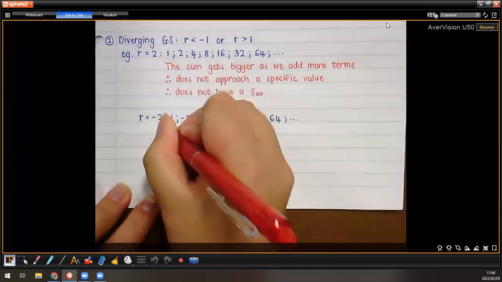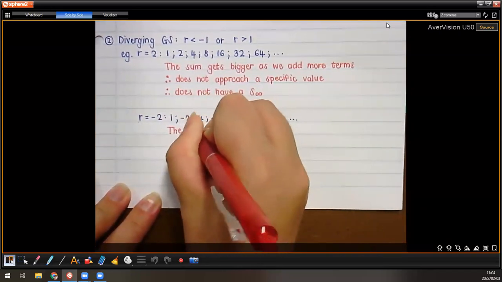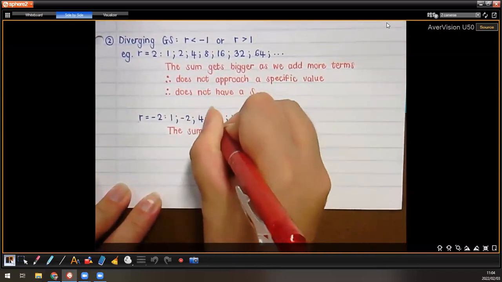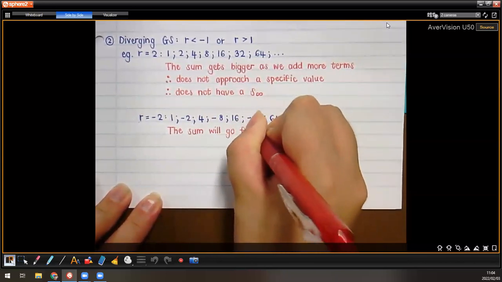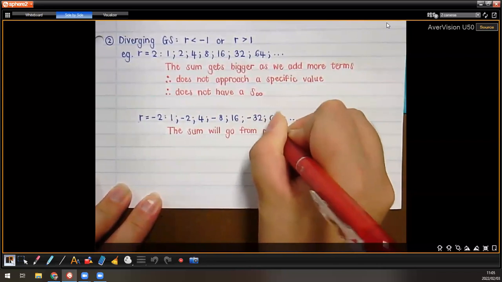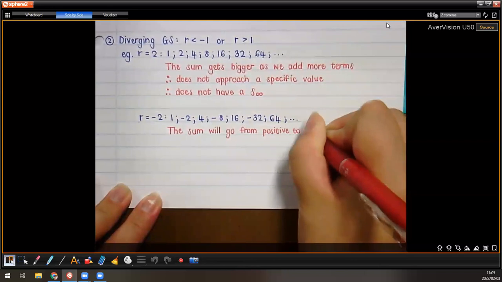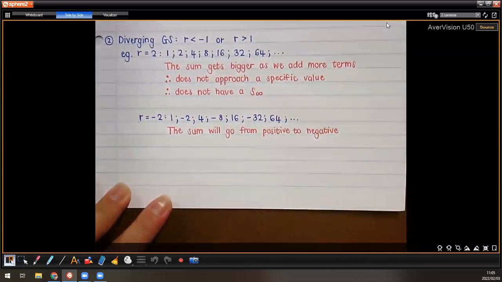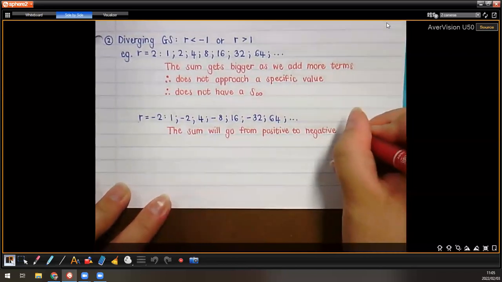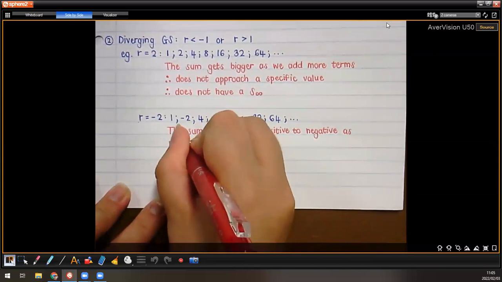Okay, it doesn't sound very scientific, but as long as we understand: the sum will go from positive to negative as we add more terms, so that will keep happening.